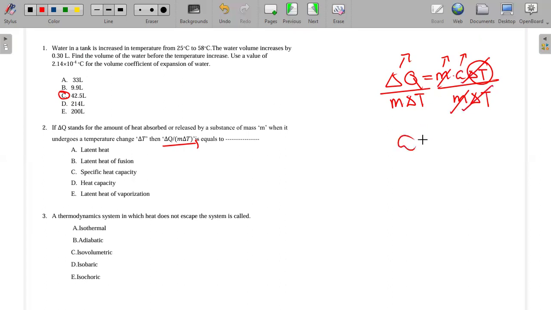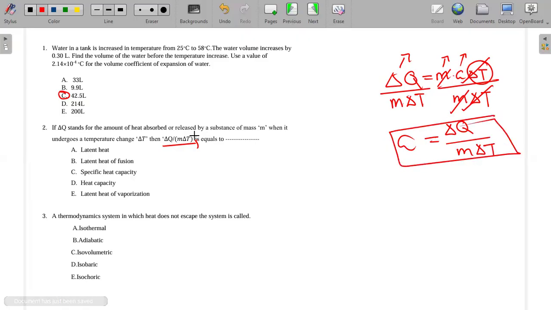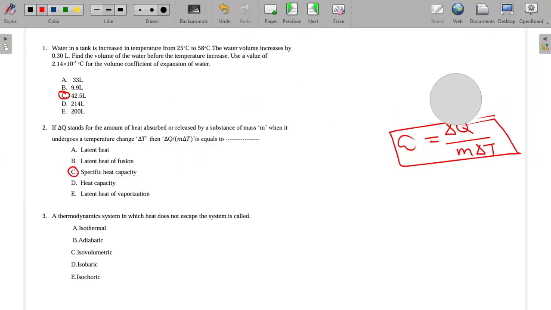That means I'm going to have my specific heat capacity being equal to delta Q over mass multiplied by delta T. So delta Q divided by mass multiplied by delta T will just be equal to specific heat capacity, which is option C. All right, so that is all about question 2.